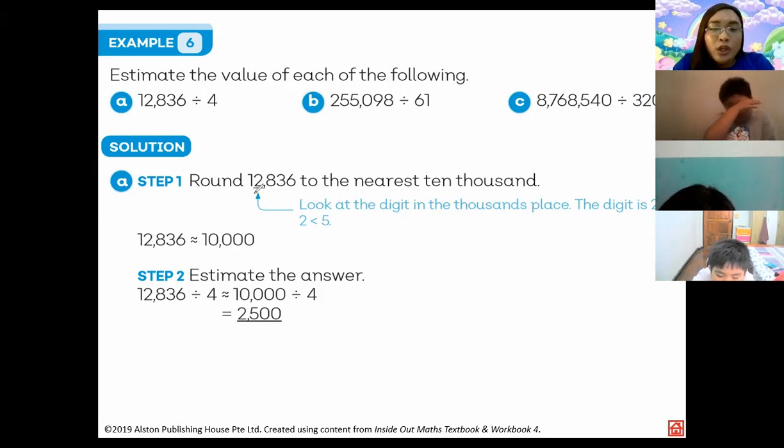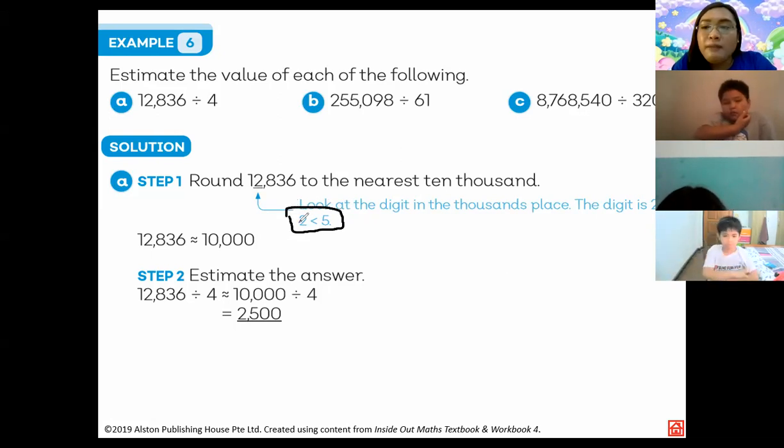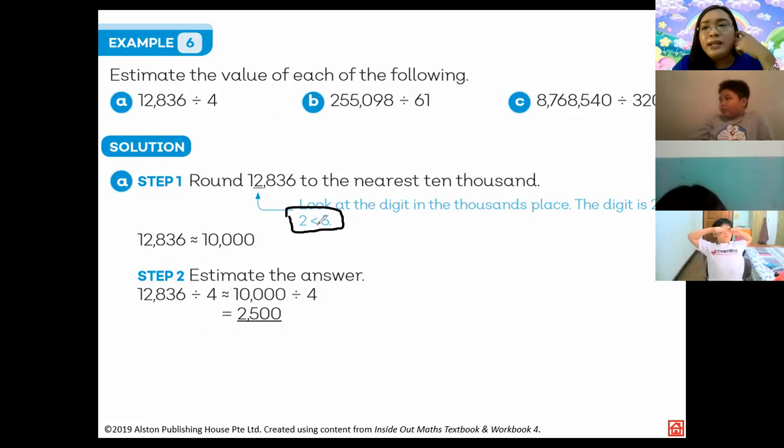Look at the digit in the thousands place, the digit number 2. Is it less than or greater than 5? Class, is 2 bigger or smaller than 5? Small. Okay, so 2 is smaller than 5.